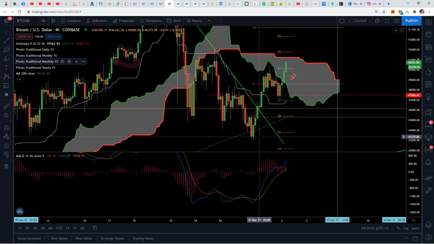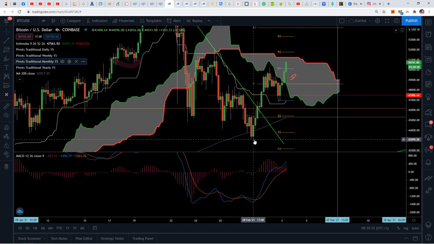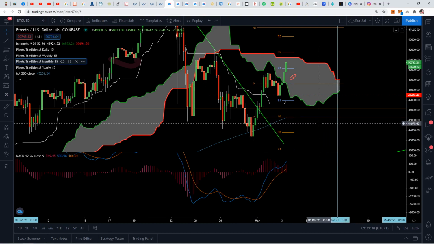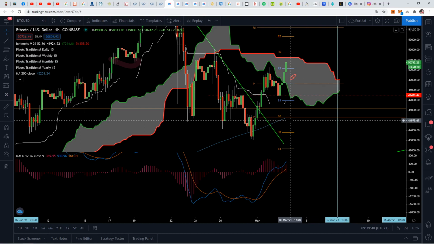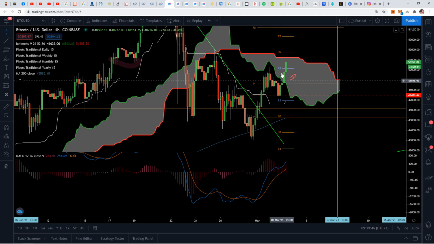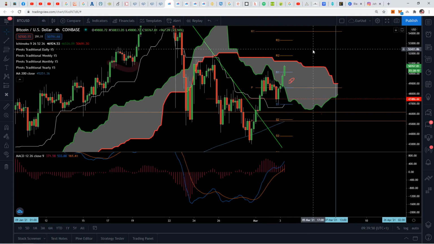You can see once we opened here, and the new pivot was above price, price instantly gravitated to it. It's very common. So we have that cleared, and also now price is inside this cloud and it's neutral using the Ichimoku system.